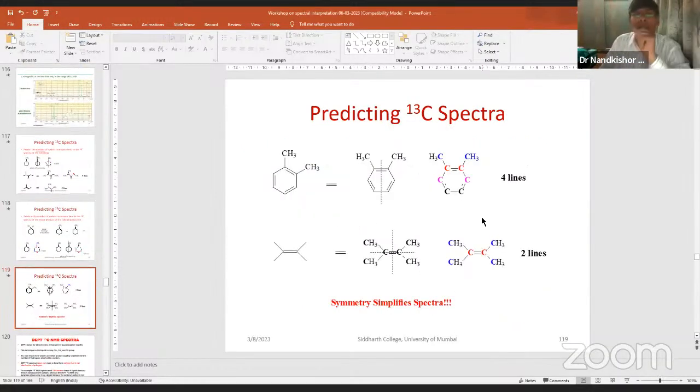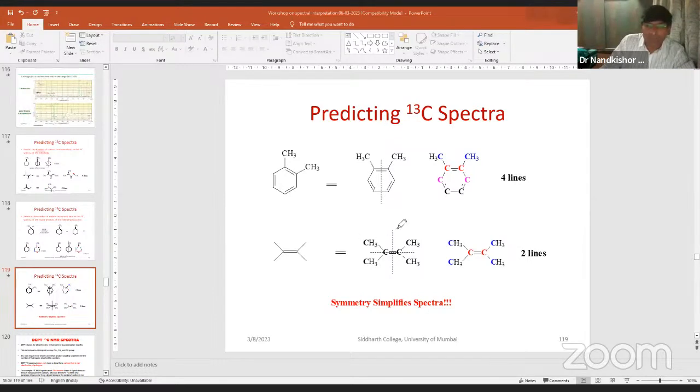Now look at here. This is another molecule, orthoxylene, where there is a straightaway plane of symmetry. So half of the carbons will show the lines. So 1, 2, 3, 4. So a 4-line spectrum is expected for orthoxylene type of compound. Now look at here. This is a highly symmetrical compound.